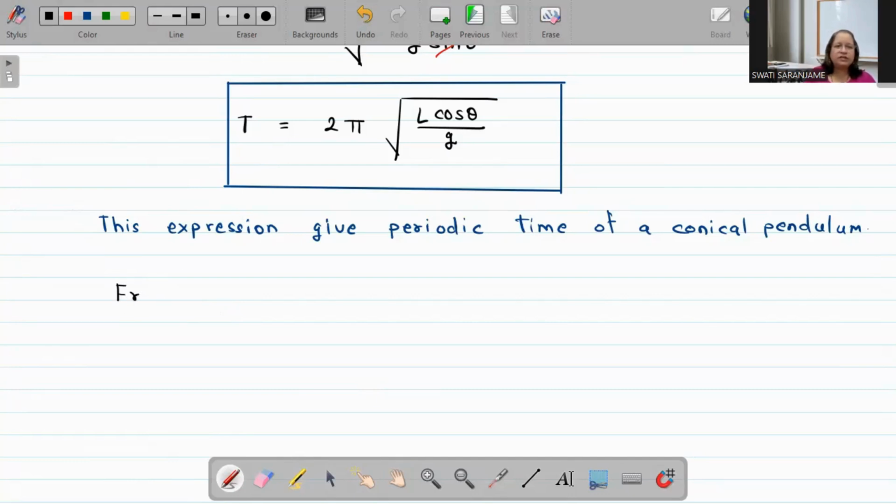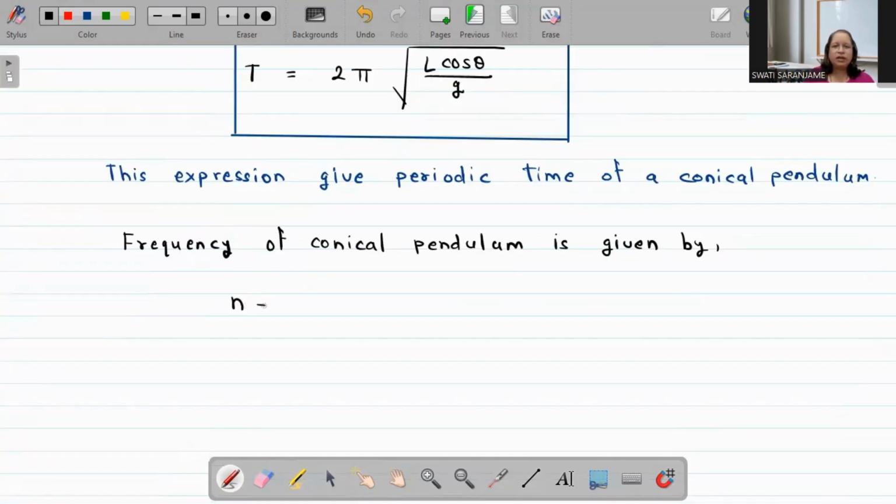So frequency of conical pendulum is given by, the simplest form is n is equal to 1 by T. This is a very basic formula, all of you know.